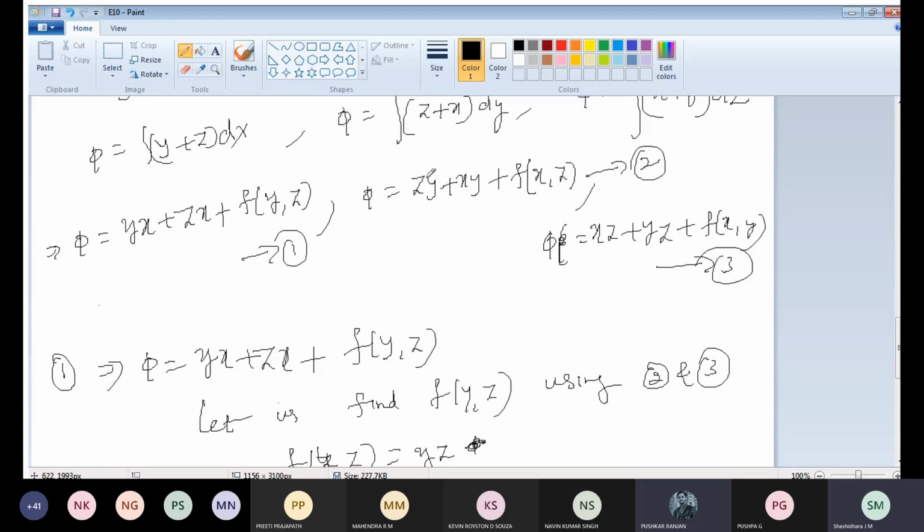Suppose if it is only y, then you can take it, but here it is x into y. This is not the value of f of y comma z. Similarly in equation 3 also, this is not the value of f of y comma z. But here the terms are repeated, yz and yz. So if the terms are repeated, then you can write only once.